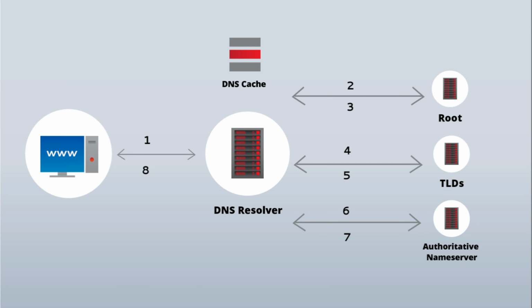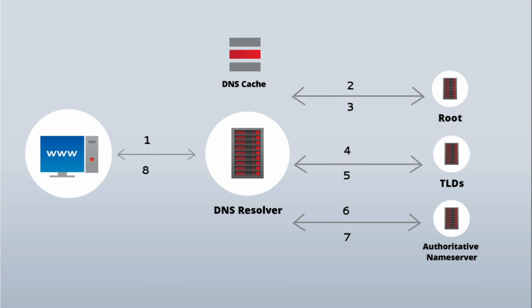So when you want to access the same website, this process is not going to happen again. Your request is automatically answered by the DNS cache, because the DNS resolver knows about the requested domain name, and the second time it's not going to go through all these processes.